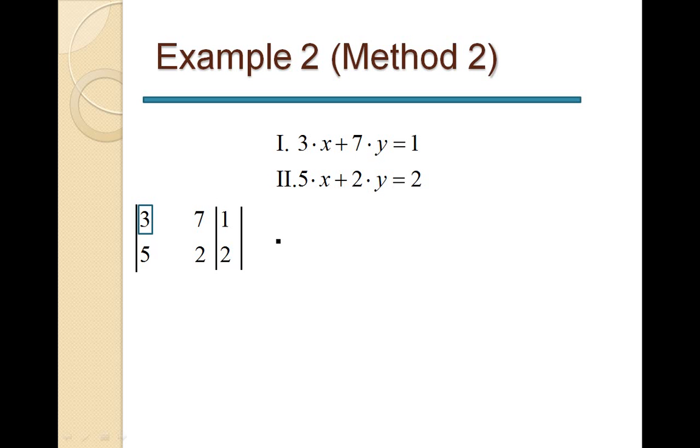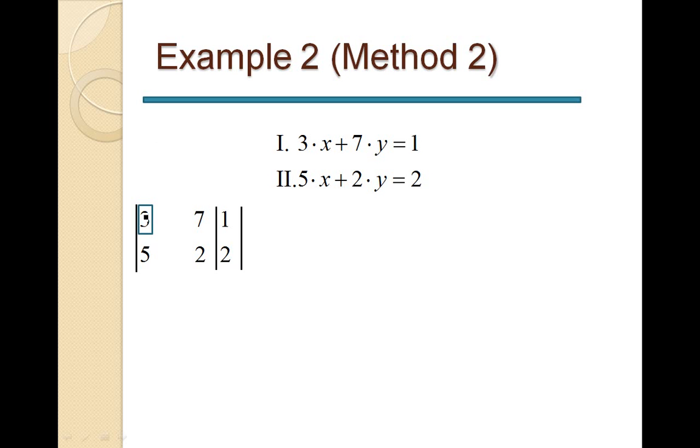First we put this in this representation. This is also called the coefficient matrix, and this is the appended matrix. So we added this to our matrix, and we have the values 3, 7, 5, 2, and 1, 2 on this side.